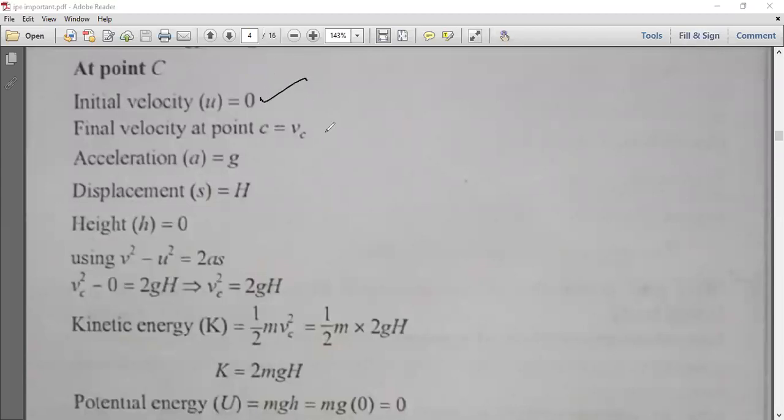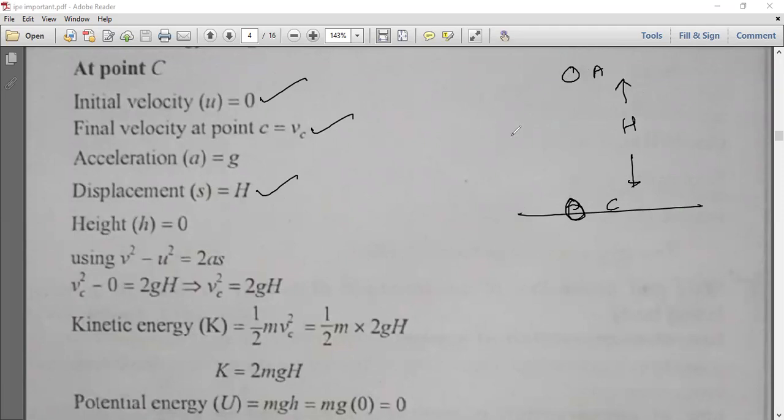Initial velocity u is 0. Final velocity is vC. This is from point A to point C. And this is again capital H, the height from which we have dropped. But this time height is 0 and displacement is H, because from A to C it came, no?